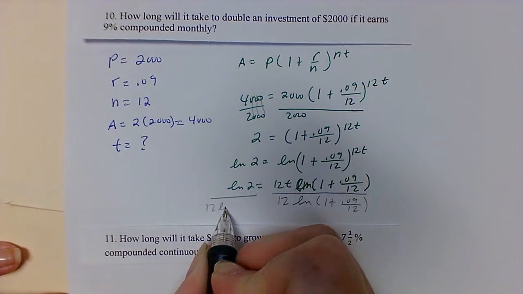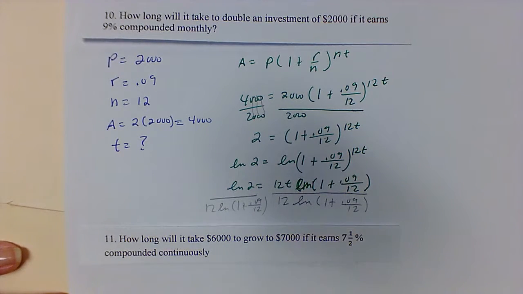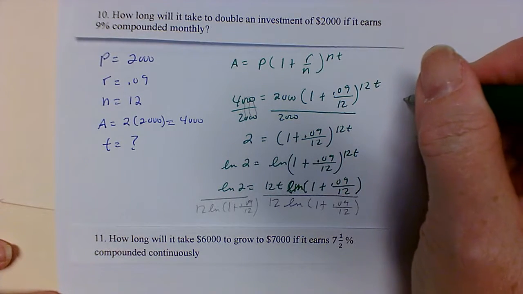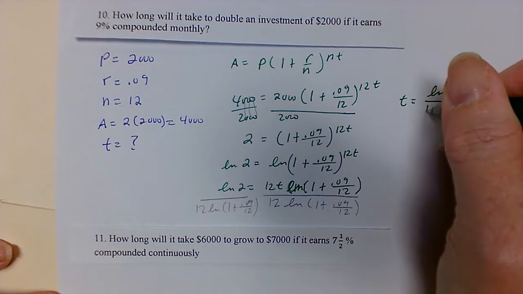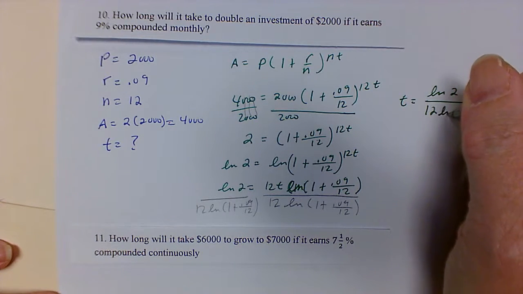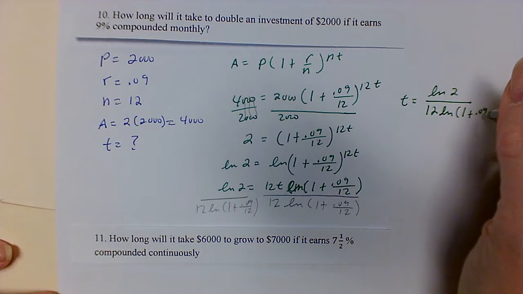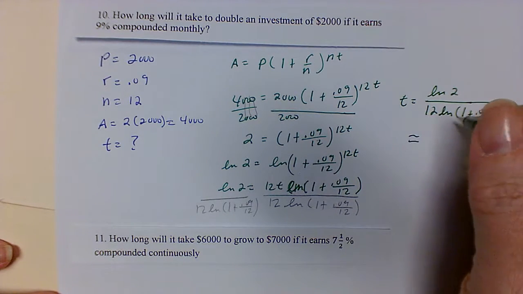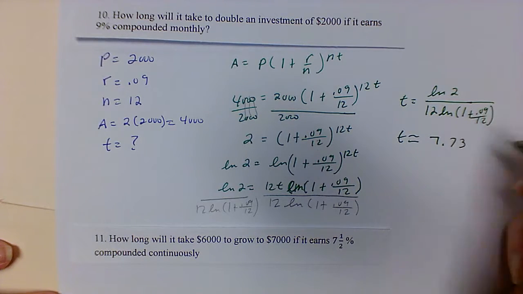So now that tells us that t is equal to the ln of 2 divided by 12 times the ln of 1 plus 0.09 divided by 12, which, when we plug the values in, will tell us that it is about 7.73.